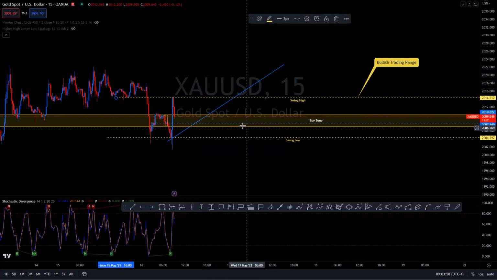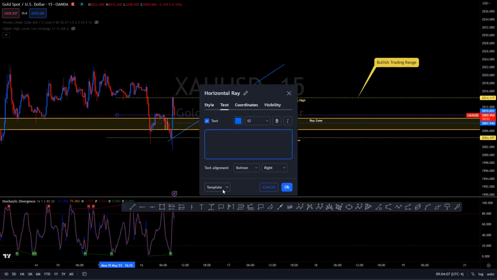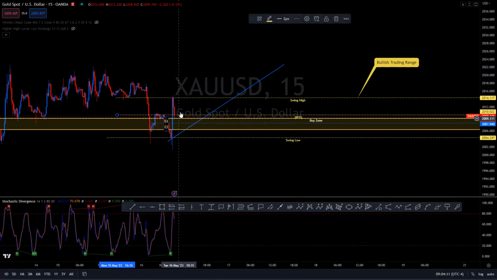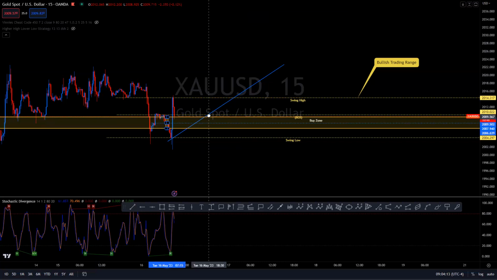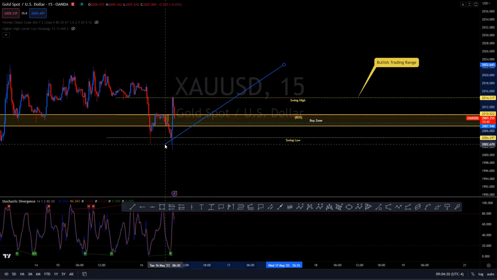And right here, the other line, which goes up there, is the structure. That's what I'm really looking at at this point.